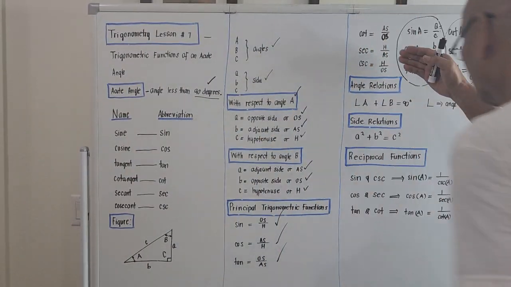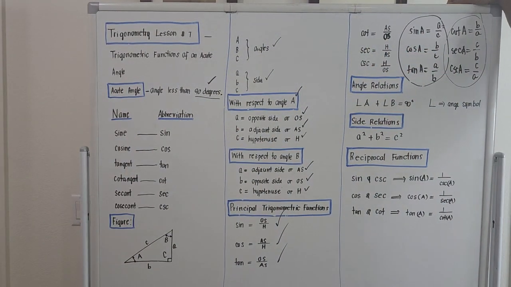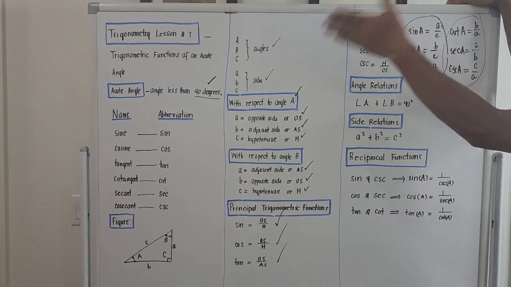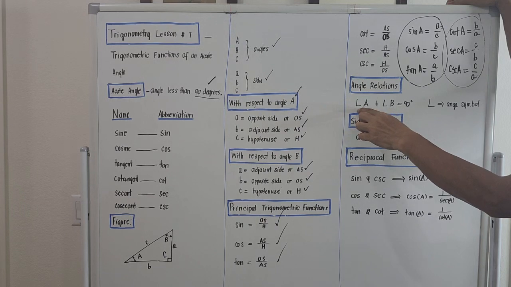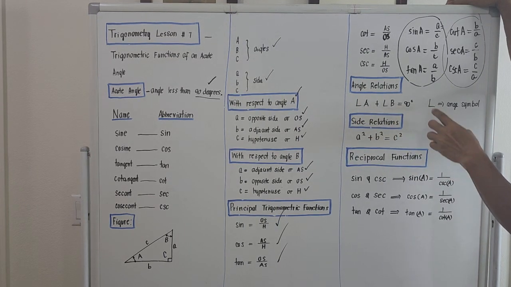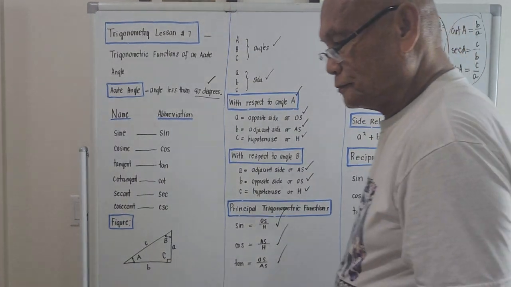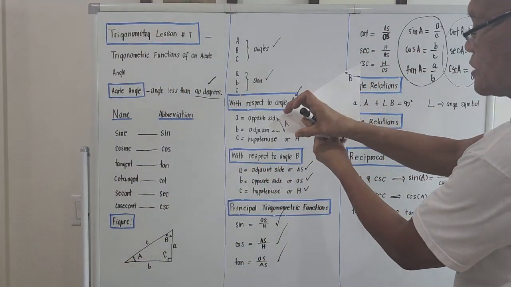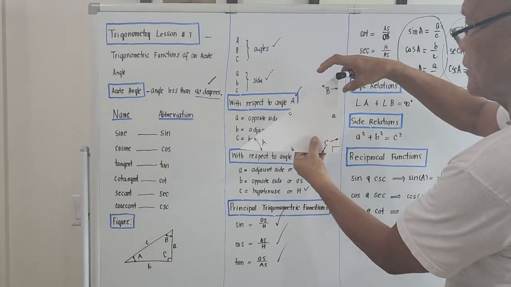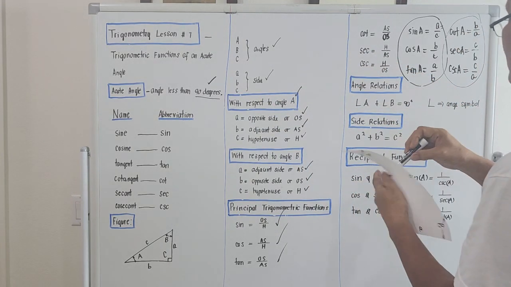These are the basic definitions. The angle relations: angle A plus angle B is equal to 90 degrees. I will try to illustrate in here. The sum of angle A plus angle B should be equal to 90 degrees.